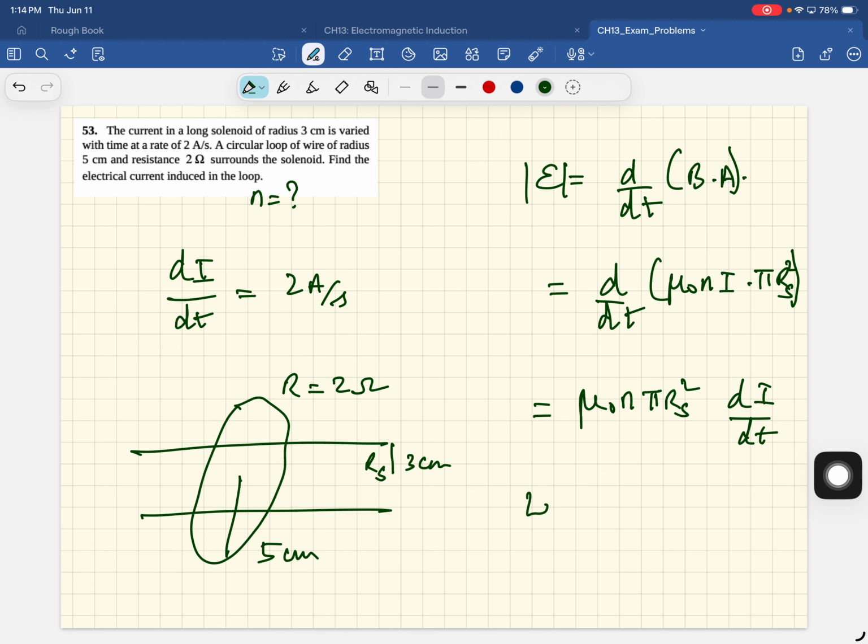E max equals N B A omega. So 30 millivolts, 20 turns, 0.05 Tesla.